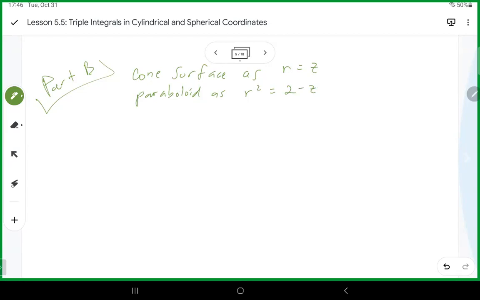The lower bound for r is 0, but the upper bound is sometimes the cone and other times it is the paraboloid. The plane z equals 1 divides the region into two regions. Then the region can be described as, so we basically will have a union for our region.